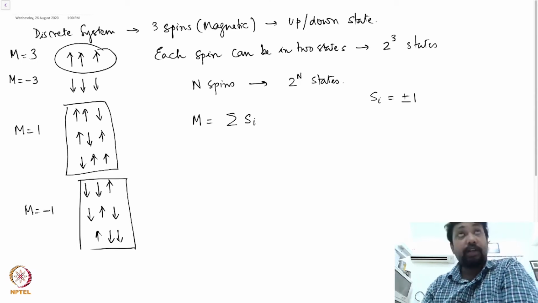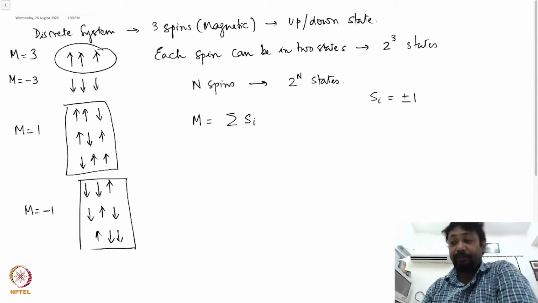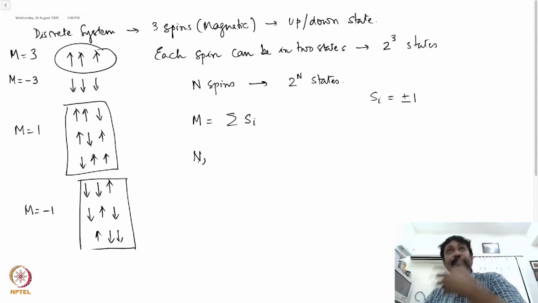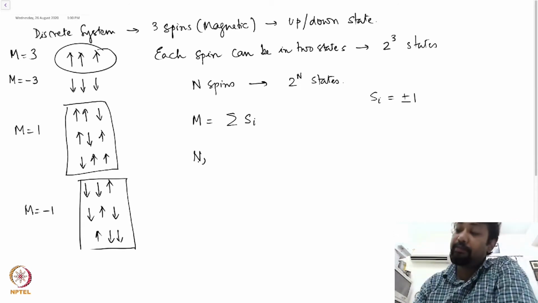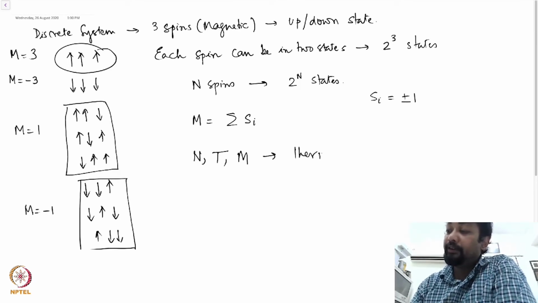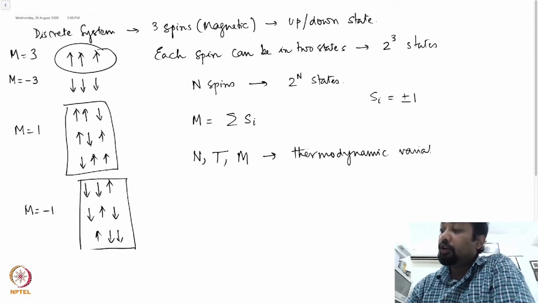So for our case, if I want to describe the system macroscopically, which means within the scope of thermodynamics, particle number n, temperature and magnetization are the thermodynamic variables which are relevant.